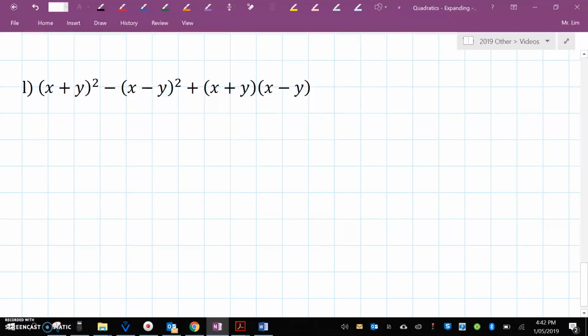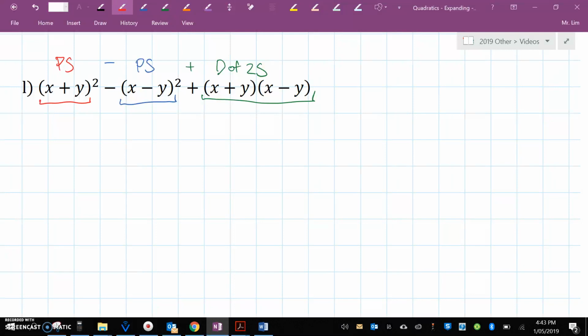Question L. Here we have a perfect square minus a perfect square plus a difference of two squares. So I'm just going to write that in. A perfect square minus a perfect square plus a difference of two squares.